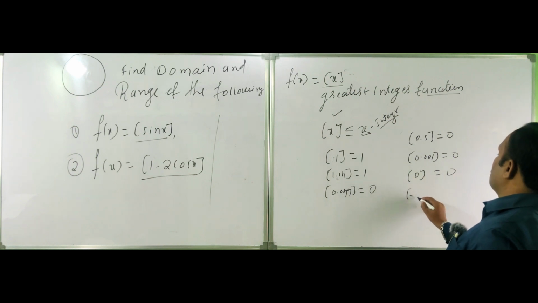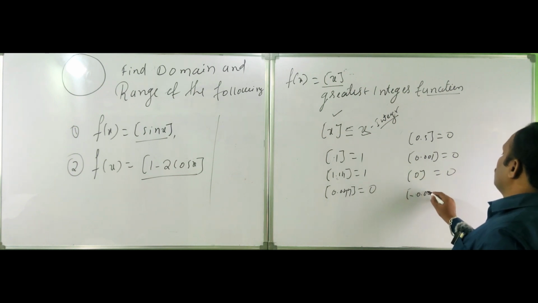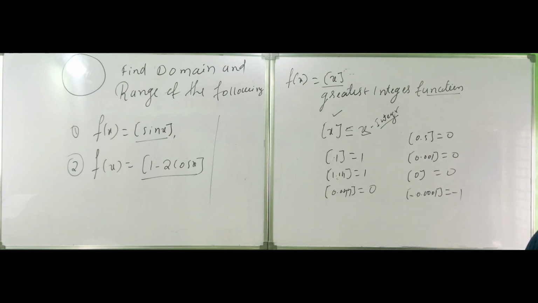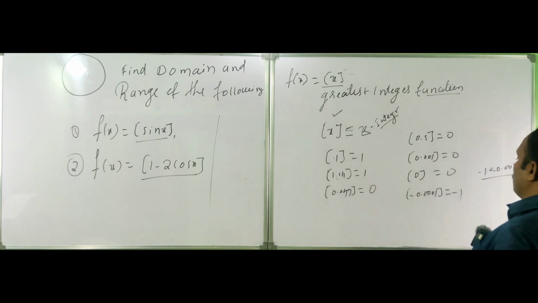Here, minus 0.001 becomes minus 1, because minus 1 is less than or equal to minus 0.001, and 0 is not less than minus 0.001.